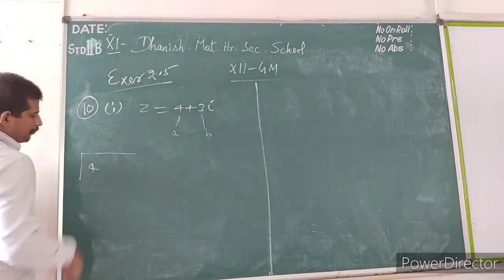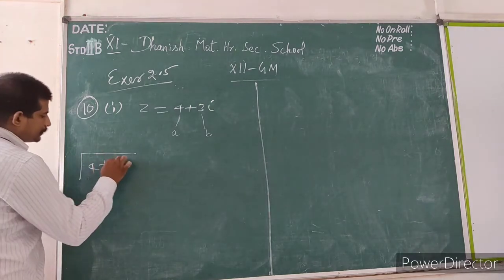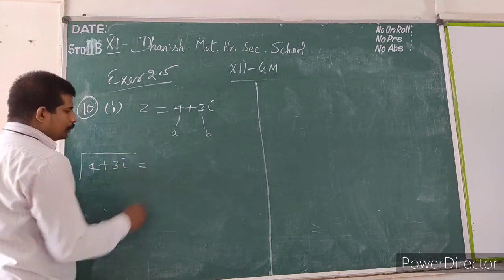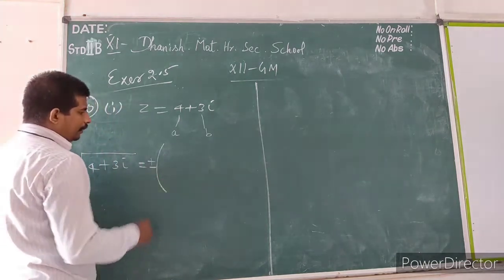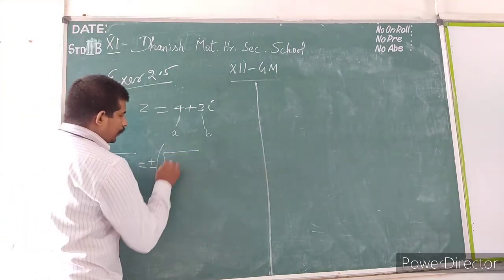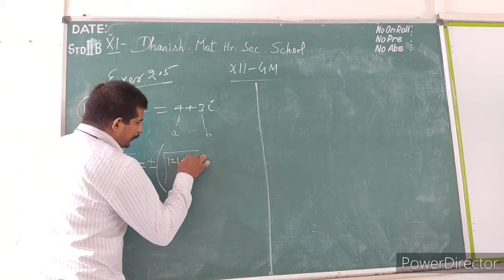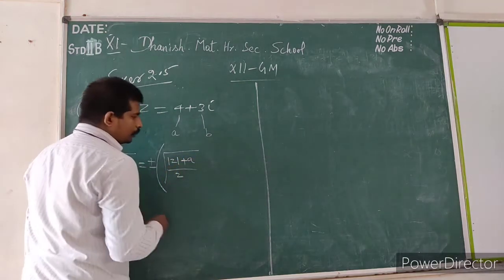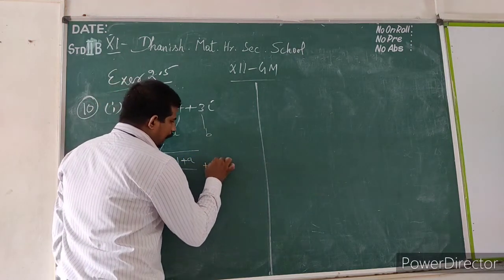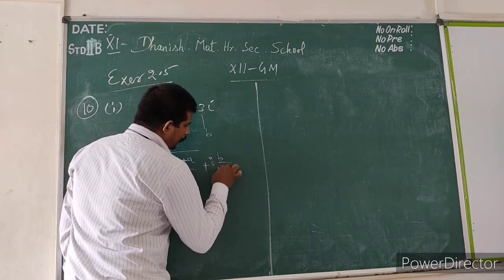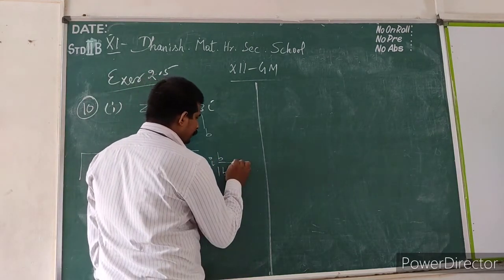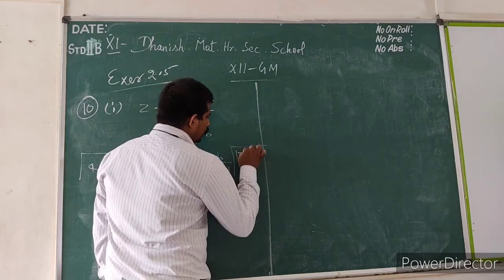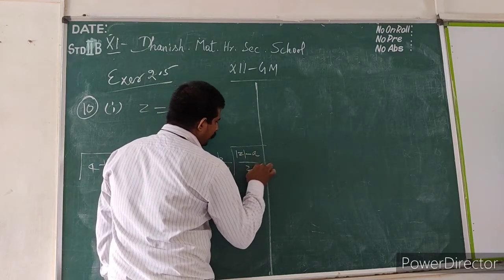Square root of 4 plus 3i equals plus or minus open bracket root of modulus z plus a divided by 2, plus i b by modulus b times root of modulus z minus a divided by 2.